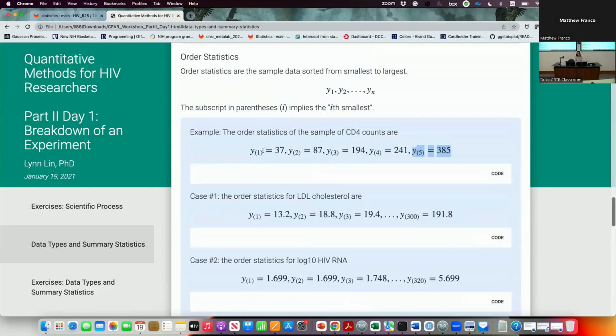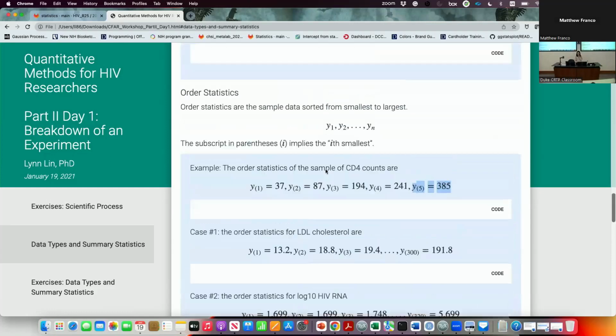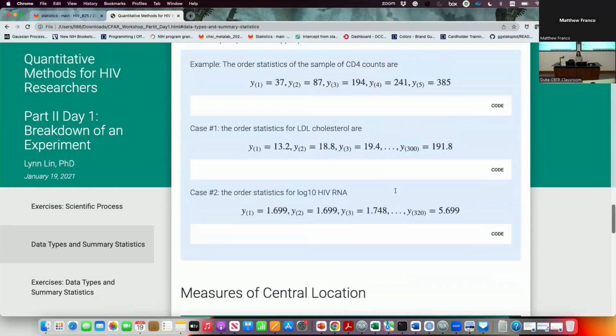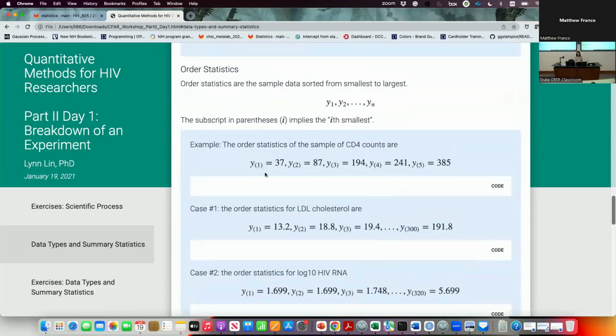And you see that from this, if you look at this sample, it's not ordered, because 37 is the smallest and 87 is the second smallest, but they are not ordered naturally, according to either forward or backwards. But here you see, after adding the parentheses, it naturally tells you y(1) is representing the smallest.